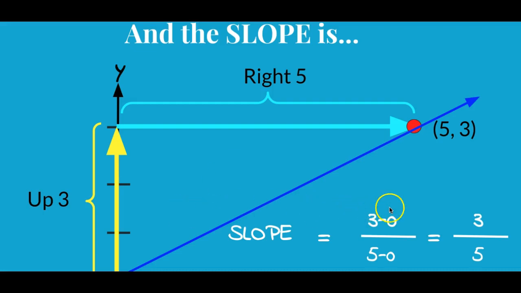So the rise over run, the rise would be how many units am I going up or down? And that's 3. The run, you run straight, horizontal, right? How many units are we running? That is the 5. I'm basically showing you 2 different ways of calculating this. I showed you using the slope formula just a second ago. Now I'm talking about the rise over run. I want to make sure that's clear for you guys. The rise over run, there we go, 3/5.